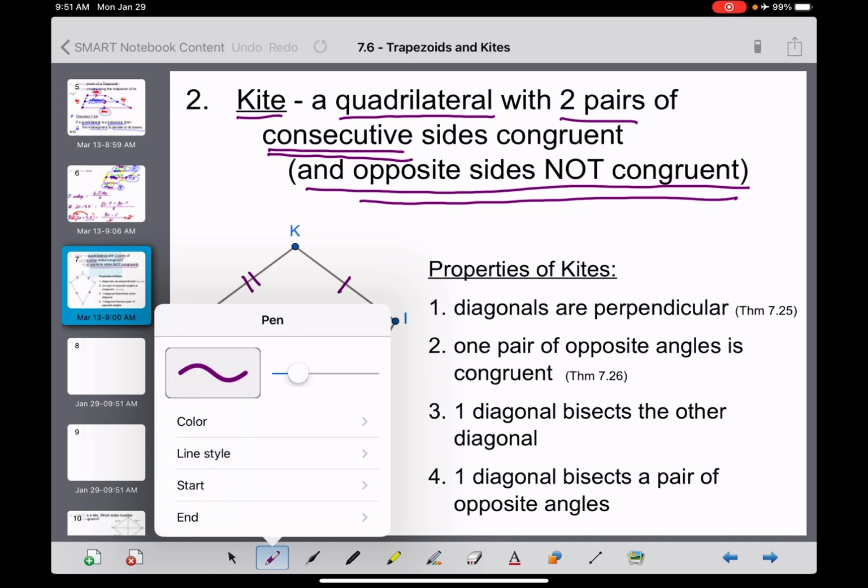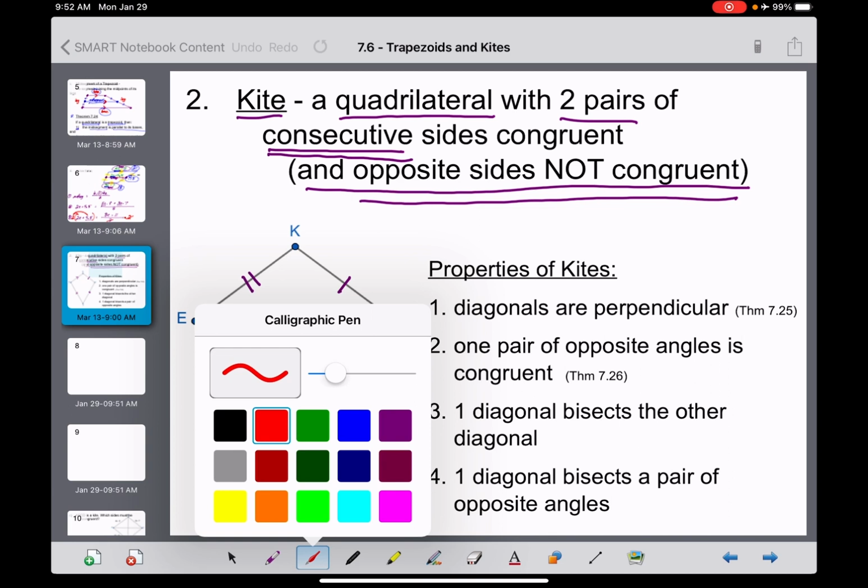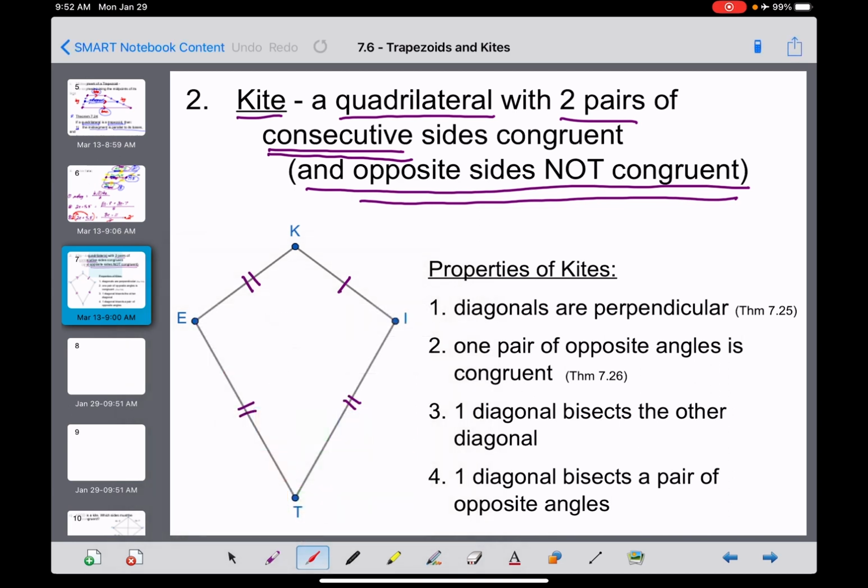Now, let's talk about some properties of a kite, and there are 4 of them that we need to know right here. The first one, everybody, I'll just call this property number 1, the diagonals of a kite are perpendicular, and there's a theorem in our book that tells us this. It's theorem 7.25.